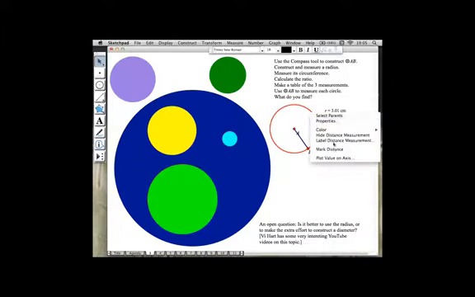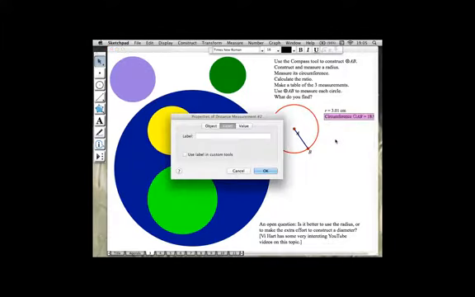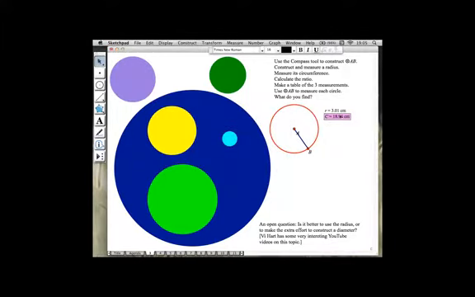So here's a radius using the segment tool. And here's the measure of the length of the radius, which we will label R. So we are going to label that distance measurement as R.